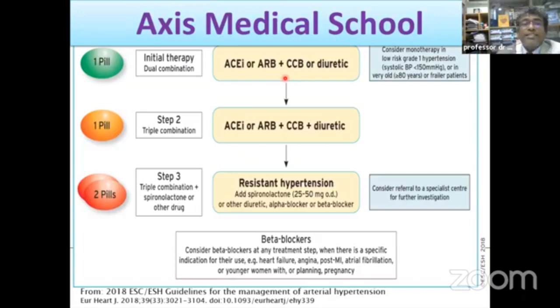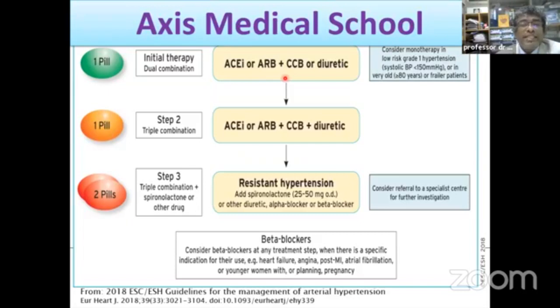So if a patient suffers from diabetes or proteinuria, or the patient has chronic kidney disease, so this patient with hypertension should be treated with ACE inhibitor or ARB at first. Usually ACE inhibitor. If the patient is intolerant to ACE inhibitor, so this patient should be switched over to ARB. This is the way antihypertensive drugs should be chosen for a patient with hypertension.